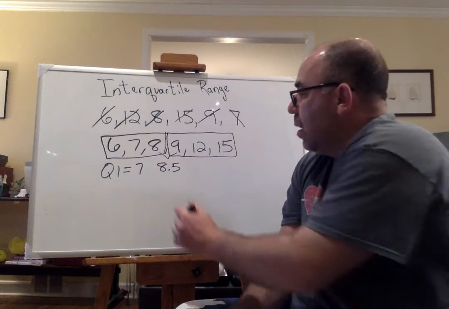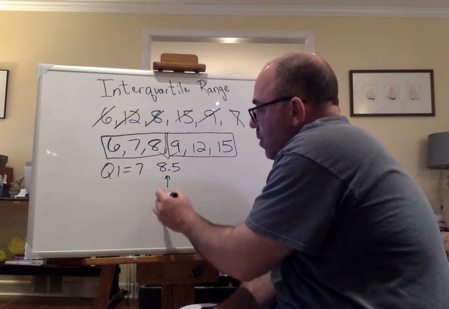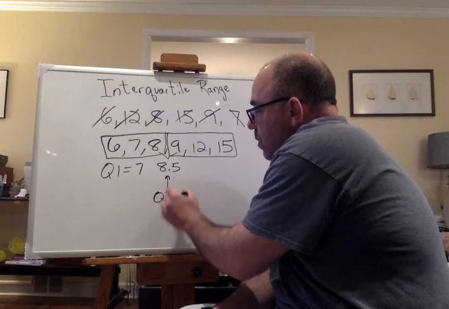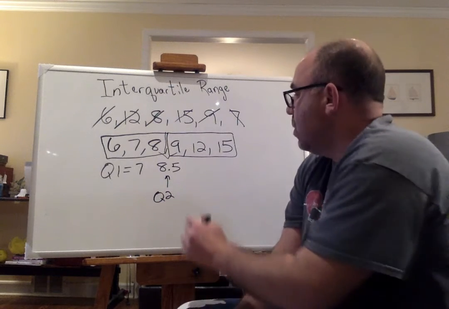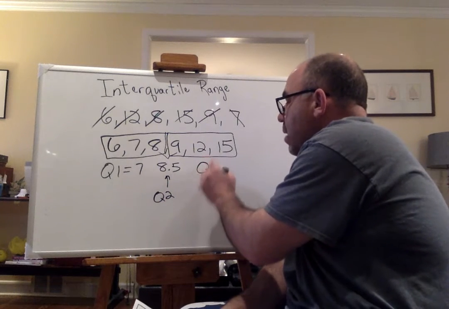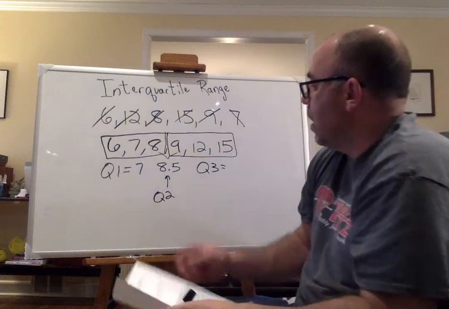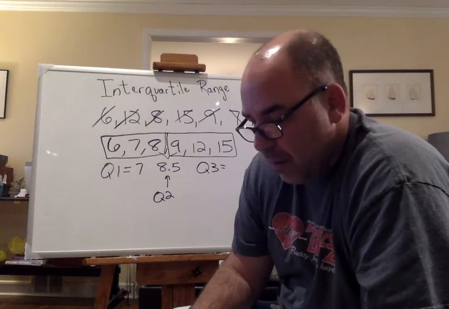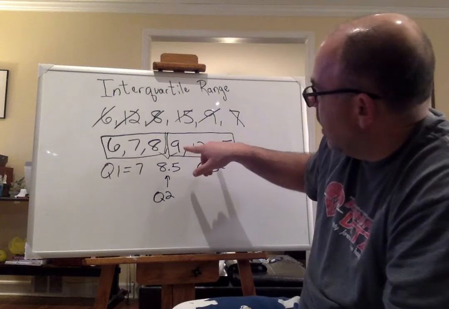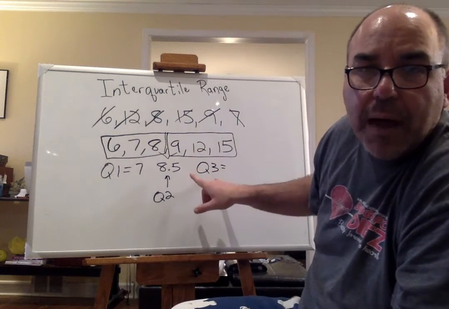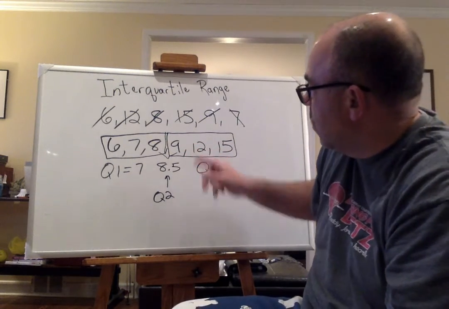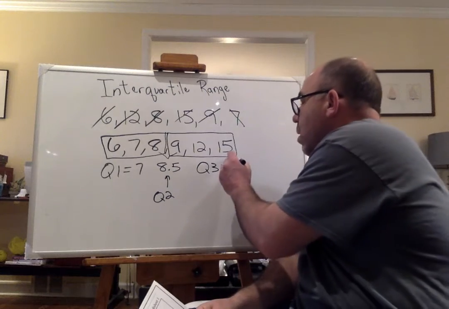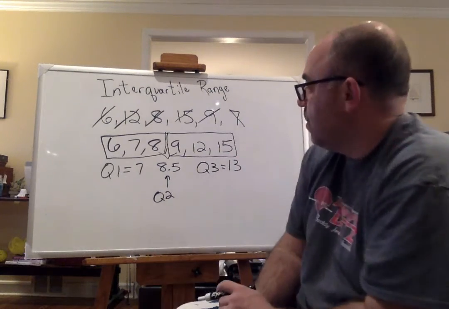So now, this is Q1, and just so we remember, this is Q2, or quartile 2, and Q3, or quartile 3, is our median of our second set of numbers. And again, lucked out, odd number of values, 3, so the middle number is our third quartile.